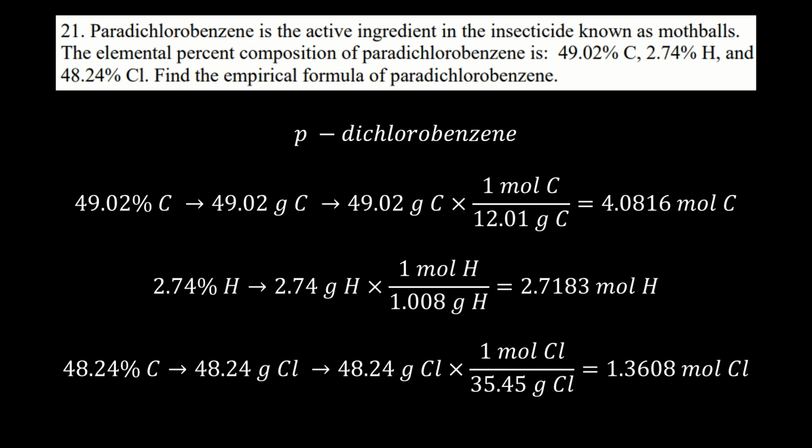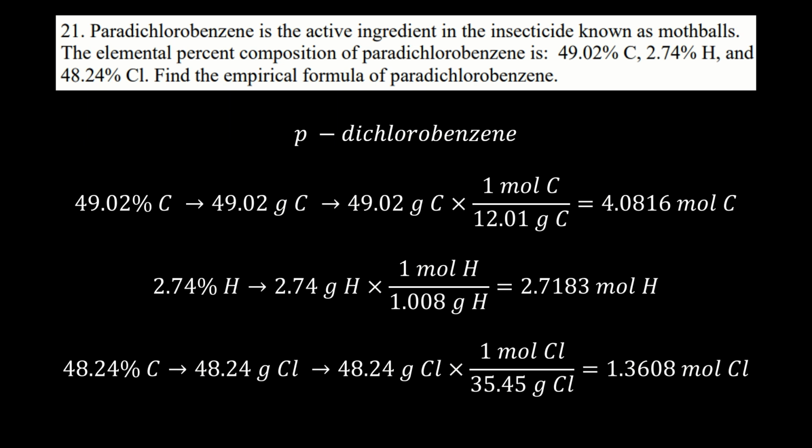Now, if we're told that we have 2.74% hydrogen, and we're assuming we're working with a 100-gram sample of para-dichlorobenzene, well then that means that 2.74 grams of that will be hydrogen. Converted to a mole amount, that will be 2.7183 moles of hydrogen.